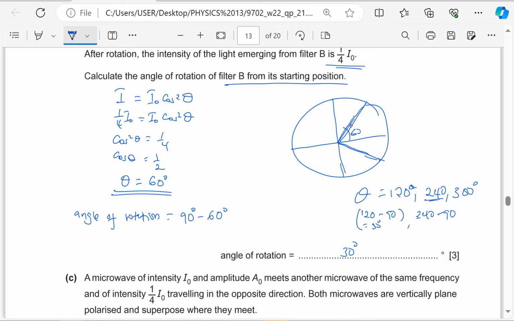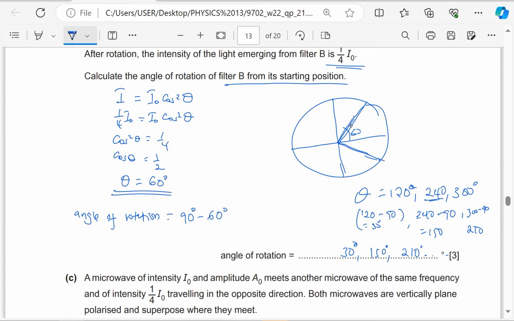I think this gives you 150. If you rotate through 300, I think 300 minus 90 gives us 210. So the answers could be 30 degrees, it could be 150 degrees, it could be 210 degrees, and so on and so forth.